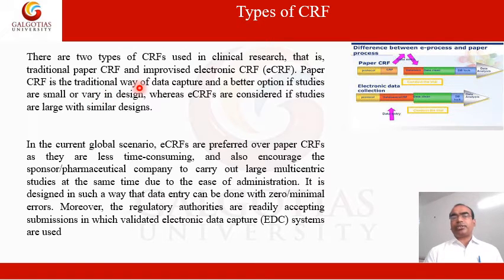Paper CRF is the traditional way of data capture and a better option if your studies are small or vary in design, whereas electronic CRF is considered if your studies are large with similar design. eCRF is a kind of software we need to handle, and there is not much variation of data. There is consistency in data while handling eCRF, so consistent information will be collected throughout the clinical trial and throughout its n number of sites.